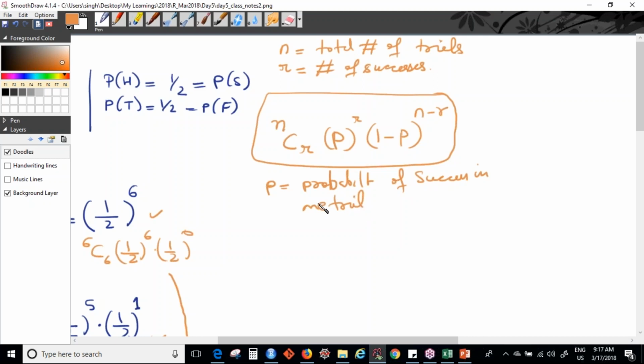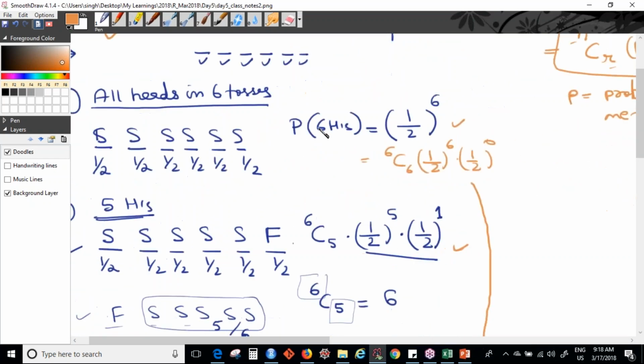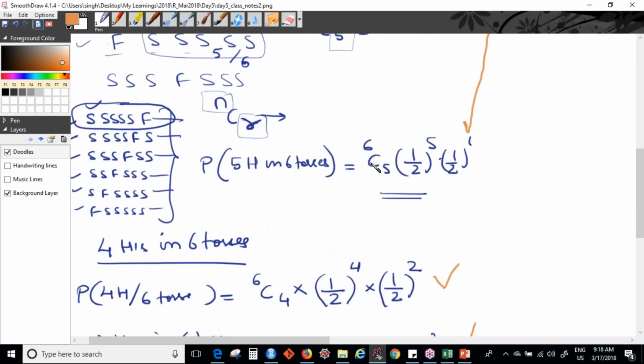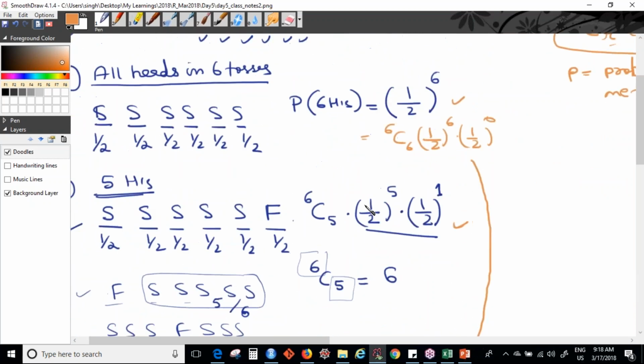Once if you toss a coin, or once if you throw a dice, what is the probability of your success? That is your p. So we have seen what is n, what is r, what is p. So this is your binomial theorem. Whatever we were doing here is nothing but using the binomial theorem without knowing it. It has the same syntax if you see.